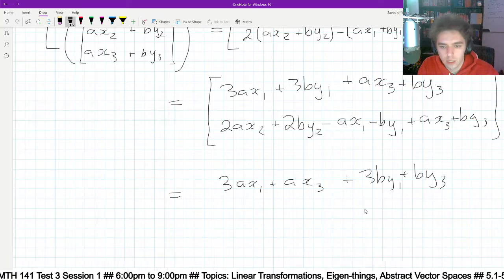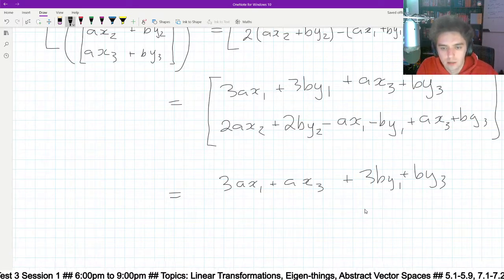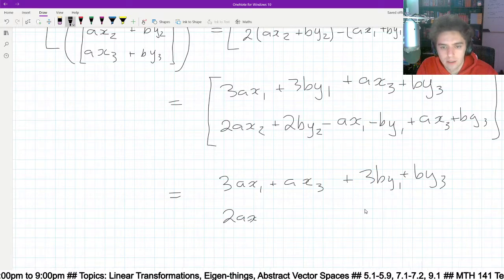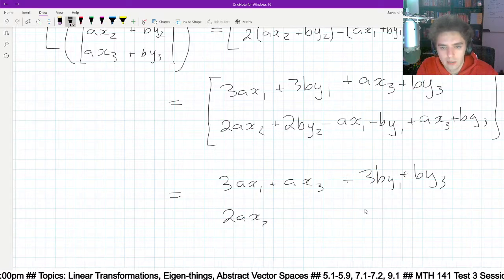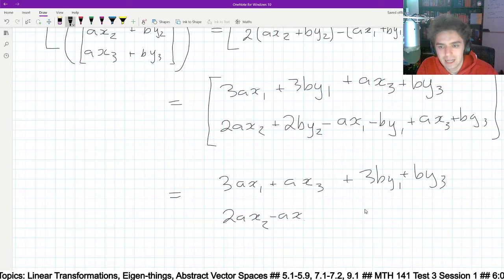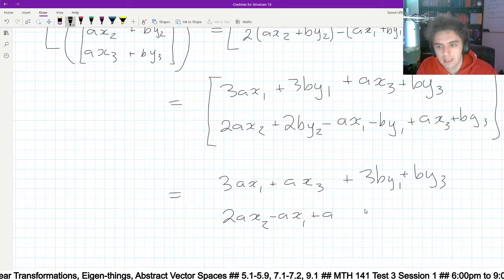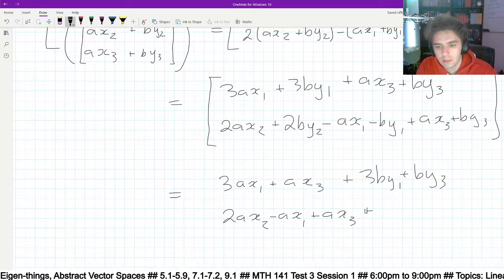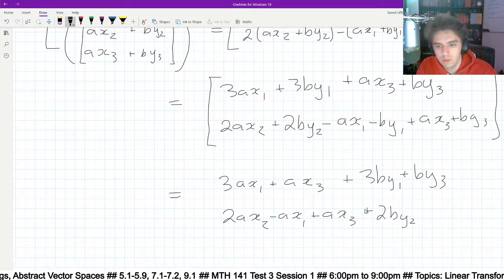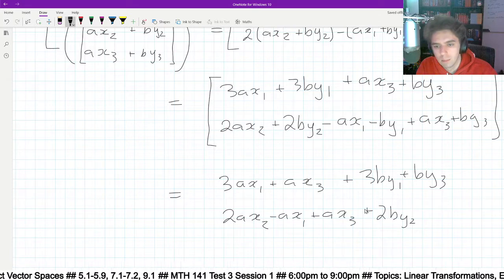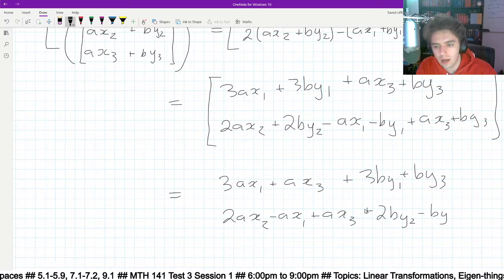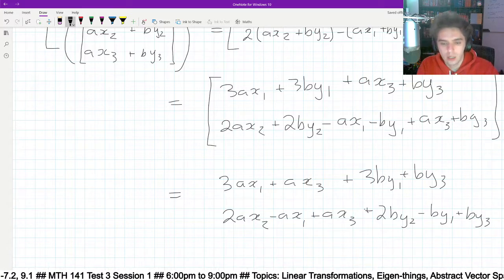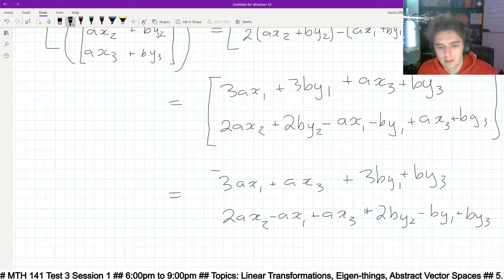All I did there was switch the positions, so the x's are together and the y's are together. 2ax2 minus ax1 plus ax3, plus 2by2 minus by1 plus by3. Again, all I'm doing is switching the positions of the things there.